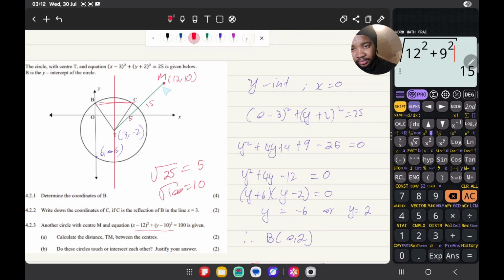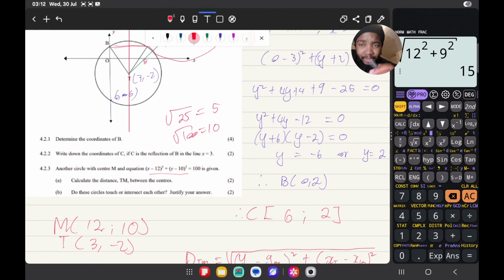So if this is 5, then we're going to have something like this, and this will be the other circle, and the distance here is going to have to be 10. And then 10 plus 5 makes 15, right? And therefore this will say that the two intersect.